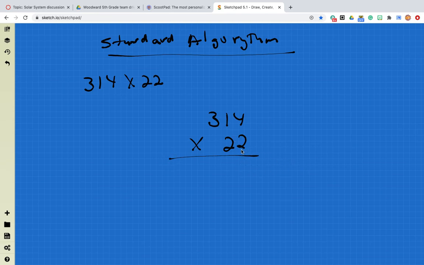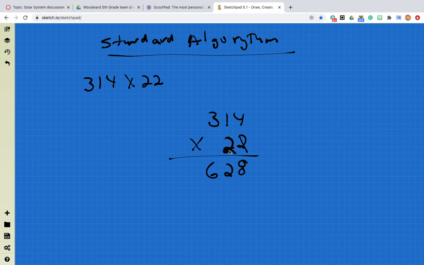All right, so 2 ones times 4 is 8 ones. 2 ones times 1 ten is 2 tens. 2 ones times 3 hundreds is 6 hundreds. And we're done with that one. Now, this is a 20. This is a 2 in the tens place.